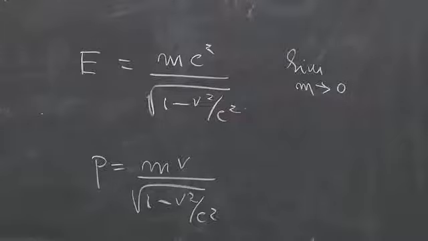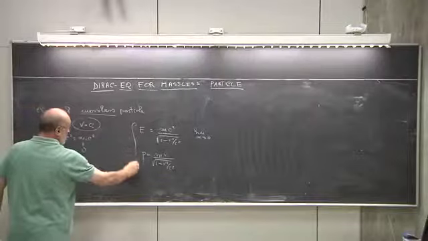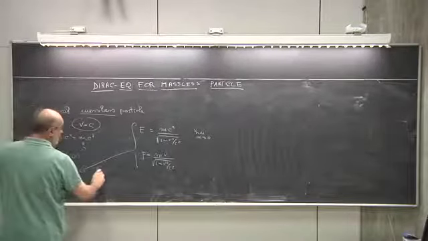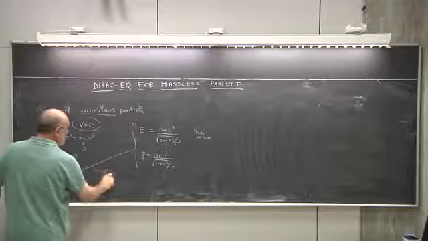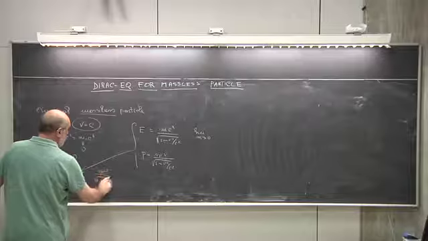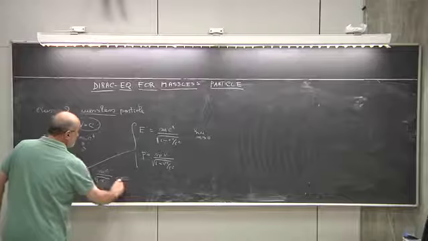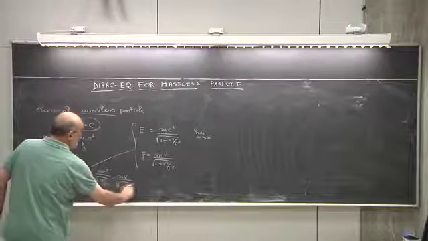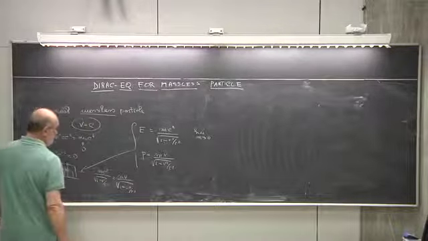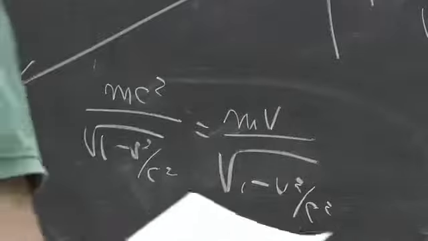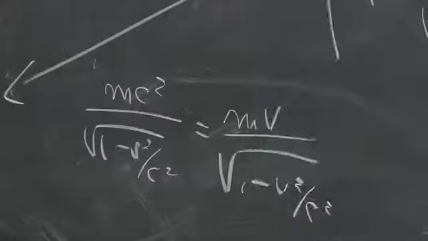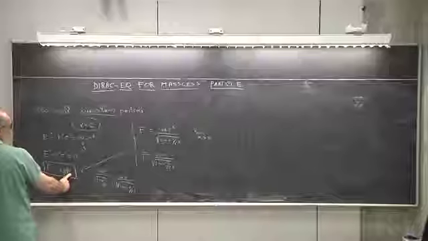If I insert this relation here, I get mc squared over the square root of 1 minus v squared over c squared equal to mv over the square root of 1 minus v squared over c squared, but I have to multiply by c.